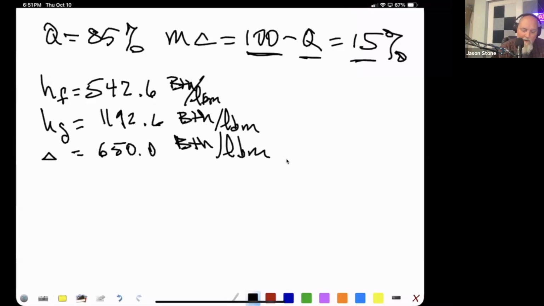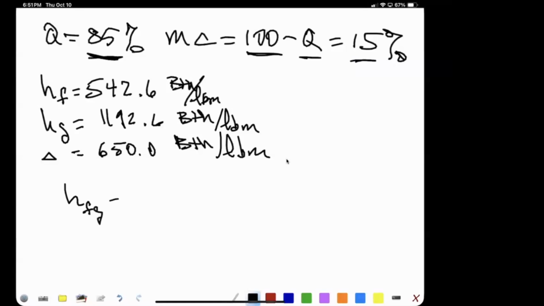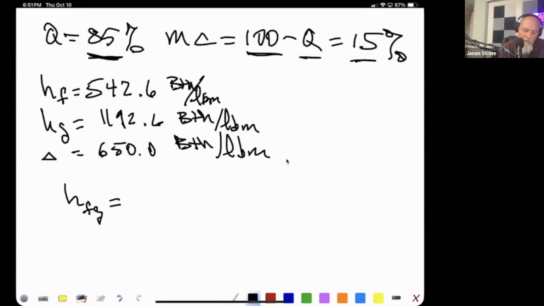So we know that the quality is 85%, and we want to know the enthalpy of our steam water mixture. The enthalpy of the mixture is equal to the enthalpy of the liquid, plus quality times H sub FG.